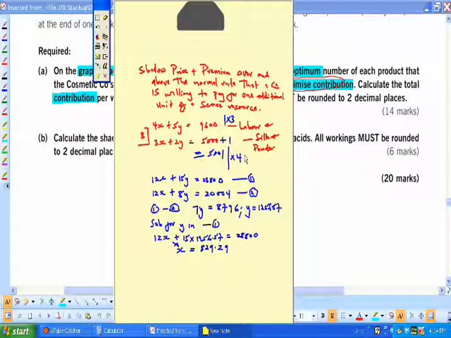Once we have that, we find the new contribution based on this new optimum production plan.